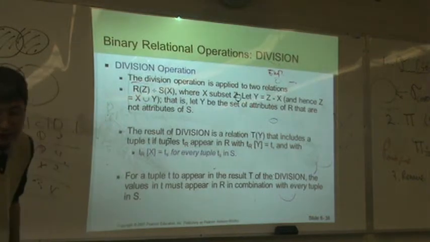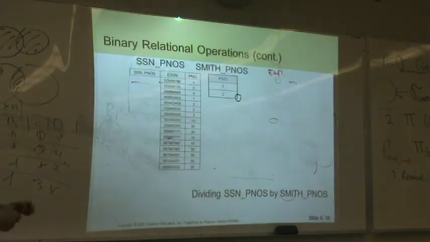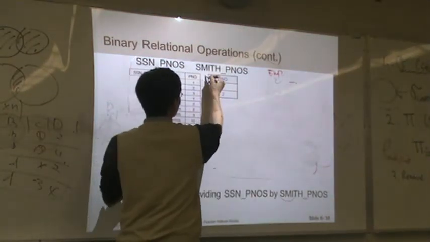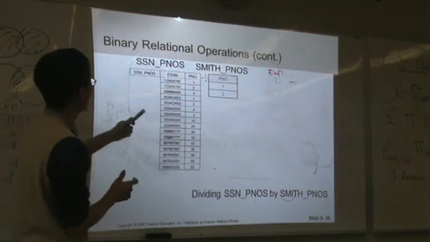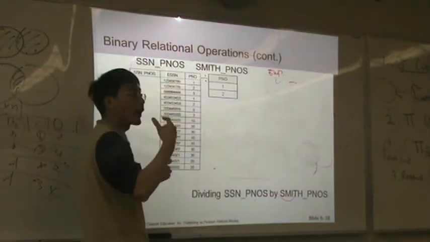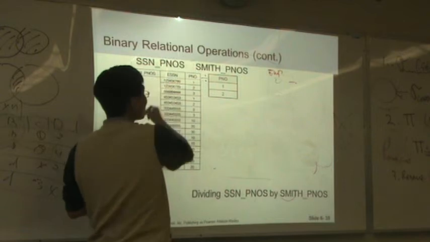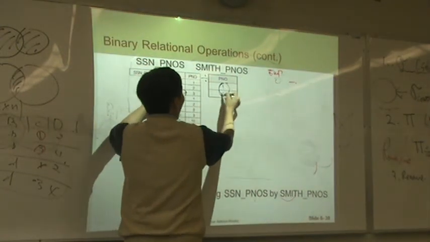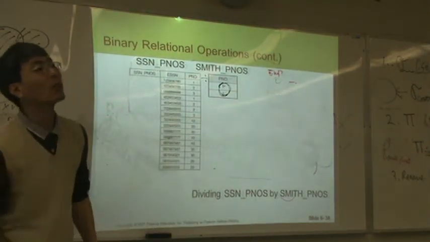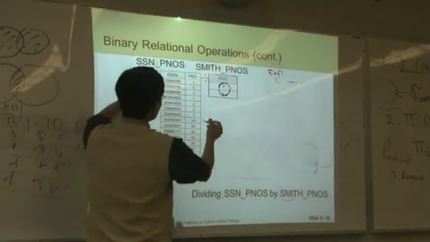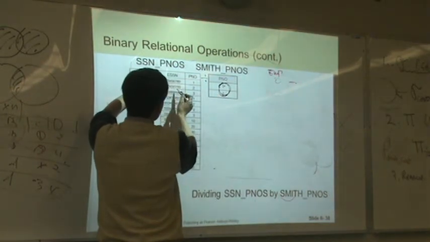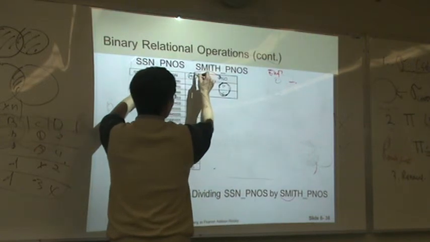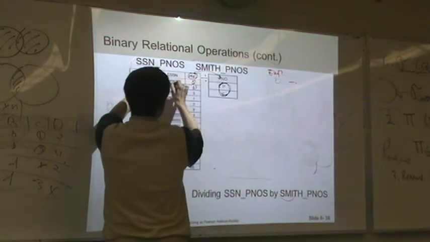Instead, in relational operations, division means, if we divide SSN PNOs by PNO, we want to get the tuples from here that include all of the denominator. Which means we check whether the same ESSN includes PNO 1, 2. Yes, this is okay.